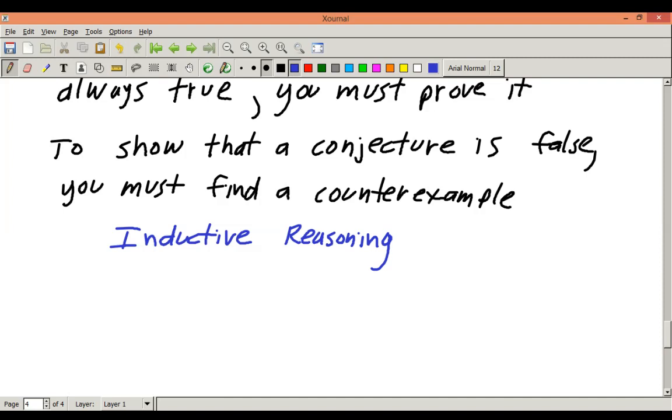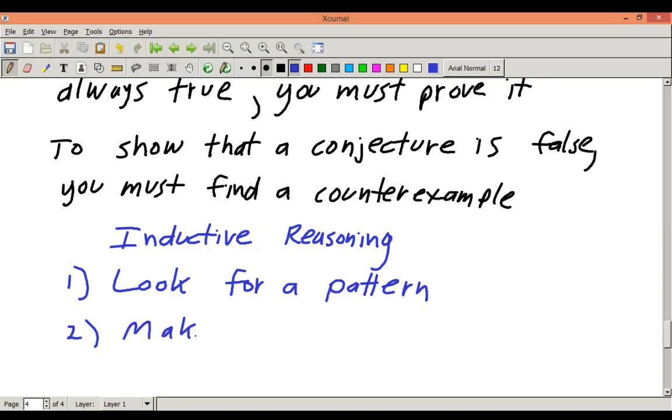It's just a different way to think. First of all, if you want to use inductive reasoning, you're going to look for a pattern. Look for a pattern in the data, whether it's a picture or numbers or words or whatever. 2, make a conjecture. That's basically what you think is happening. It's your best guess as to what's happening.